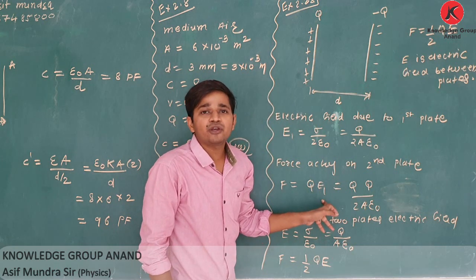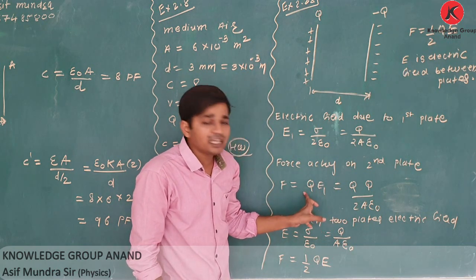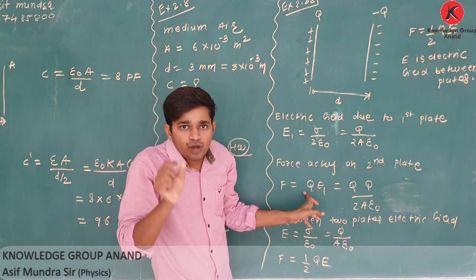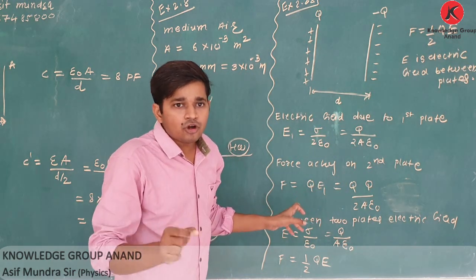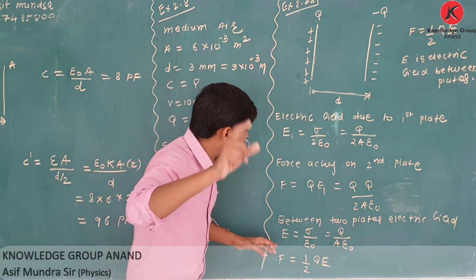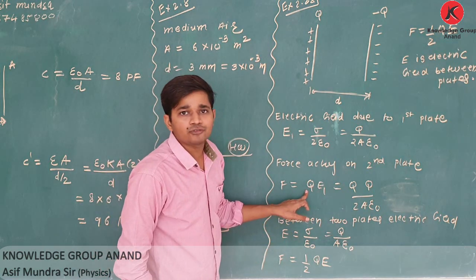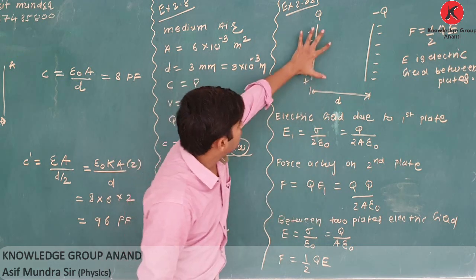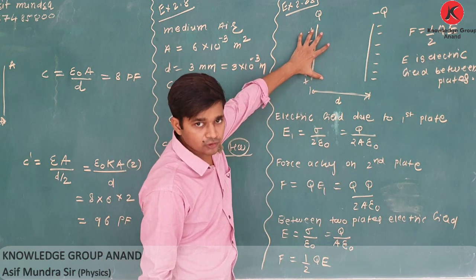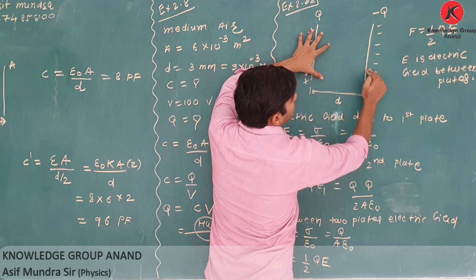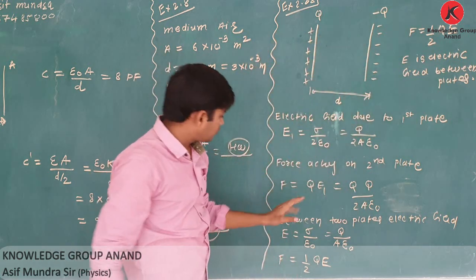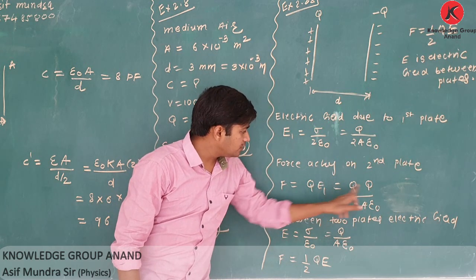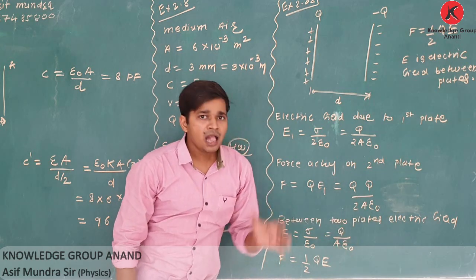Here we have to find only the magnitude, that's why I am taking only the magnitude of charge. You know this equation, F is equal to QE. The electric field is produced due to the first plate, and the second plate is in that field. So the force acting on it, F is equal to QE1. Q as it is, E1 is Q upon 2 epsilon 0 A.